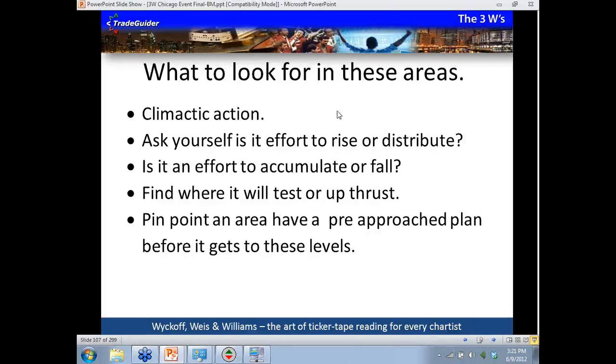Now, what to look for in these specific areas, that's what I was referring to earlier. Climactic action, you typically get thrust in those areas. It'll really spike it, and all of a sudden there will be an order imbalance. Ask yourself, is it an effort to rise or distribute? Or when it's falling, is it an effort to accumulate, or are they just going to crash into the floor?